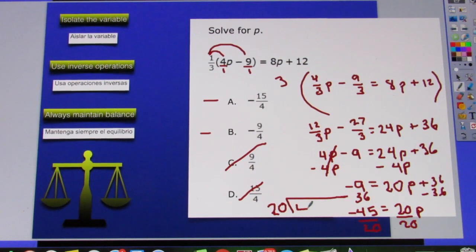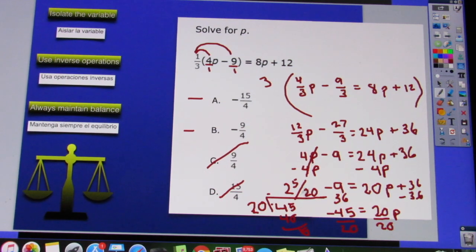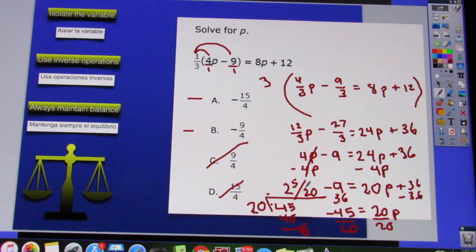20 into 45, or into negative 45, I might say, is 2. That would be 40. And 5 is my remainder, so that's my numerator over 20. Okay, so now I have 2 and 5/20. 5 over 20 simplifies to 1/4, so my answer is negative 2 and 1/4.